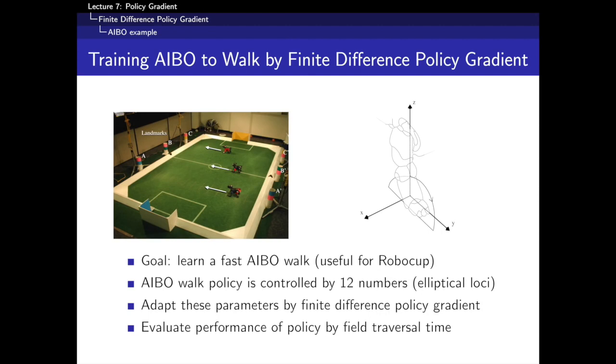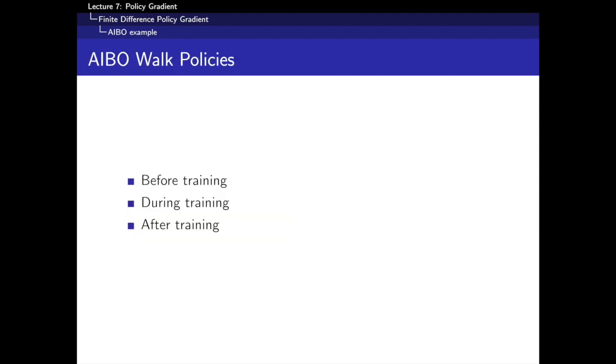And so they did this, and let me see if I can pull up some videos. So this is at an early stage before it's really been trained, and I think the main thing to notice is that it slips a lot.